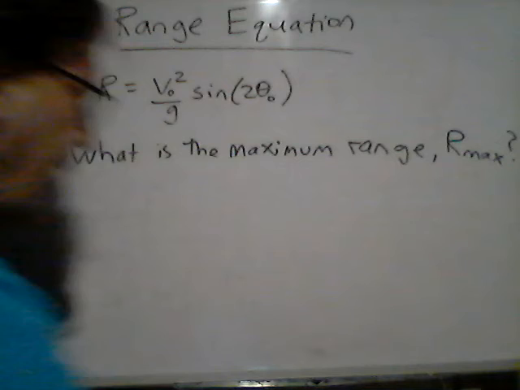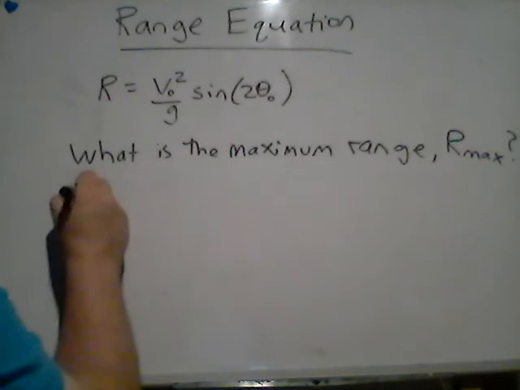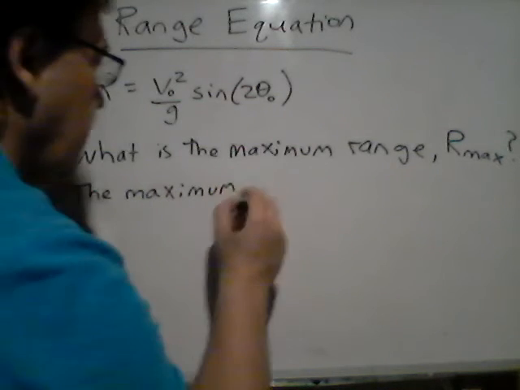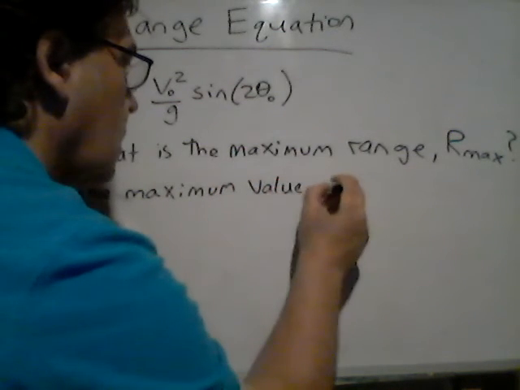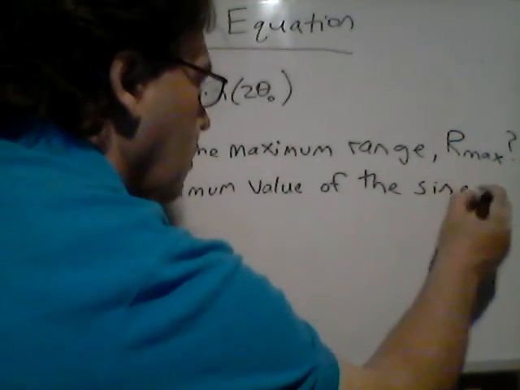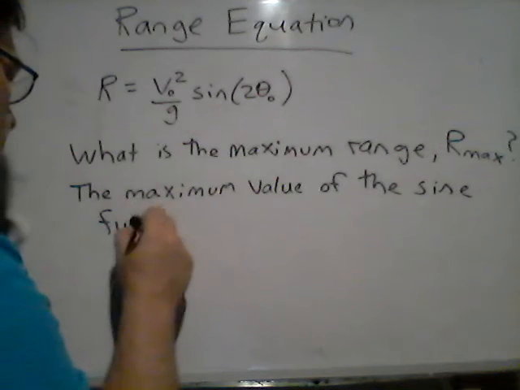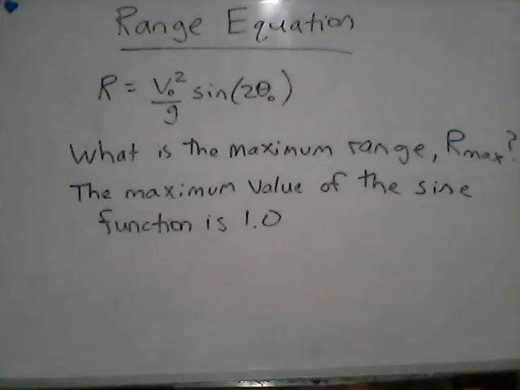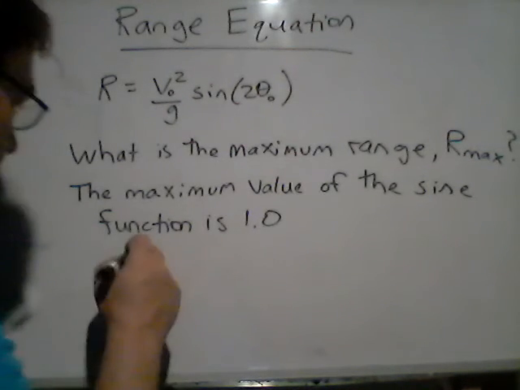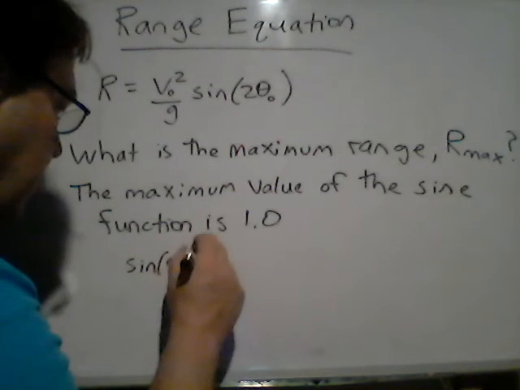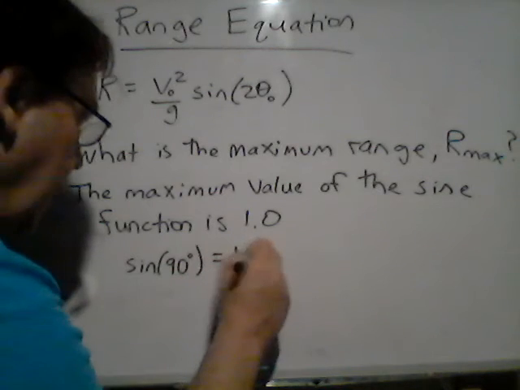Well, the sine function maximizes at 1. So the maximum value of the sine function is 1. Well, the sine of what is 1? The sine of 90 degrees is 1.